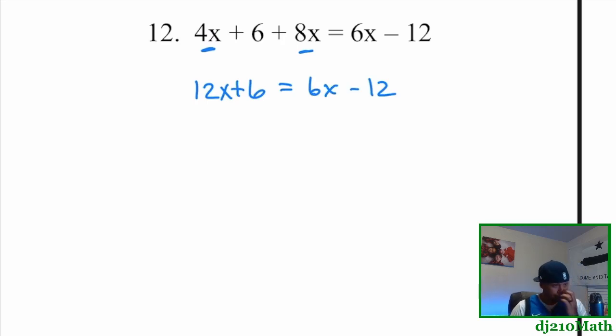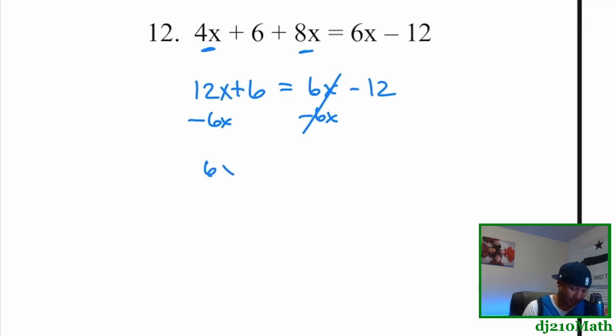All right. I'm going to subtract 6x. I'm moving the smaller one. I'm subtracting the smaller one. So 12 minus 6 is 6x plus 6 equals negative 12.